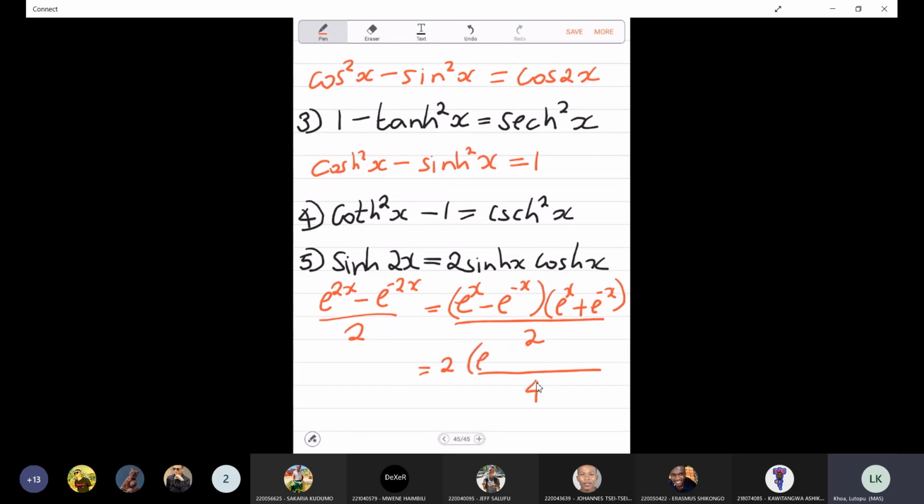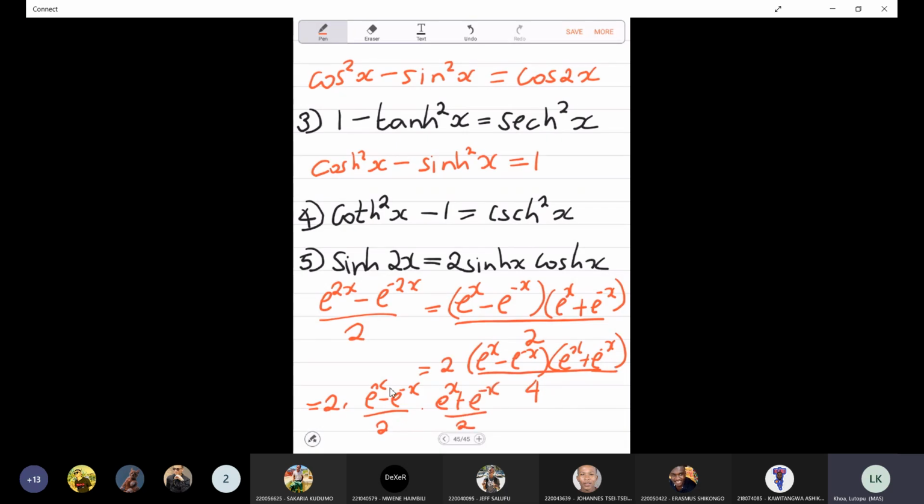And then I have e to the power of x minus e to the power of minus x, and then e to the power of x plus e to the power of minus x. From there, these you can split up. So let me do it over here. This is 2 times e to the power of x minus e to the power of minus x over 2, times e to the power of x plus e to the power of minus x over 2.